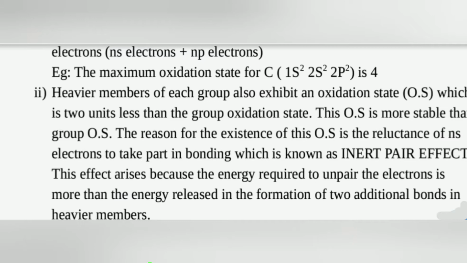So the group oxidation state, or maximum oxidation state, exhibited by carbon or a p block element is 4. Similarly, heavier members of each group also exhibit an oxidation state which is 2 units less than the group oxidation state. This oxidation state is more stable than the group oxidation state. The reason for the existence of this oxidation state is the reluctance of ns electrons to take part in bonding, and this effect is known as the inert pair effect.